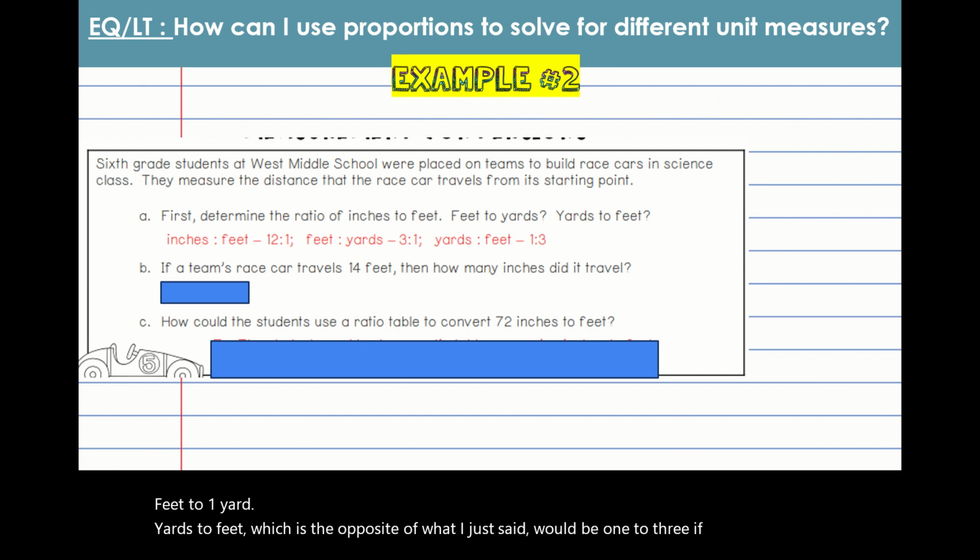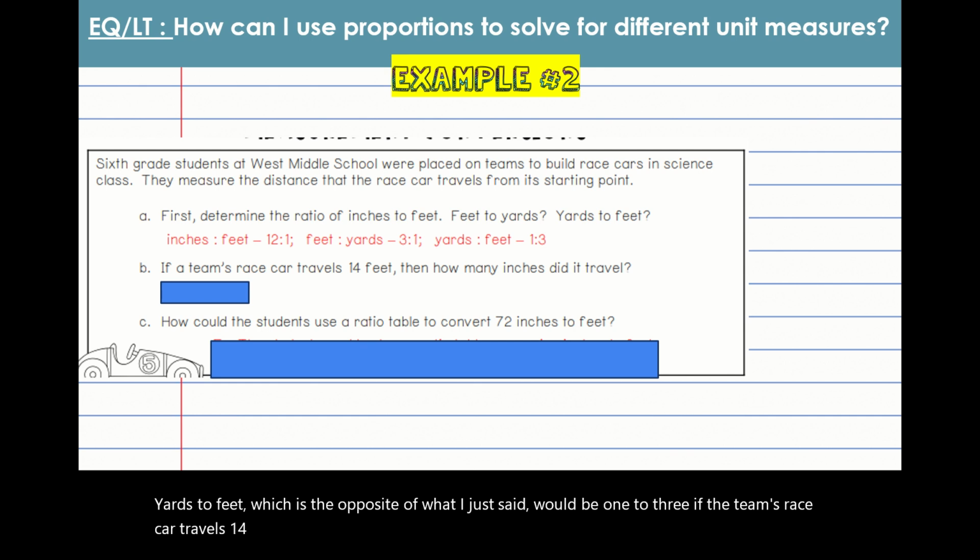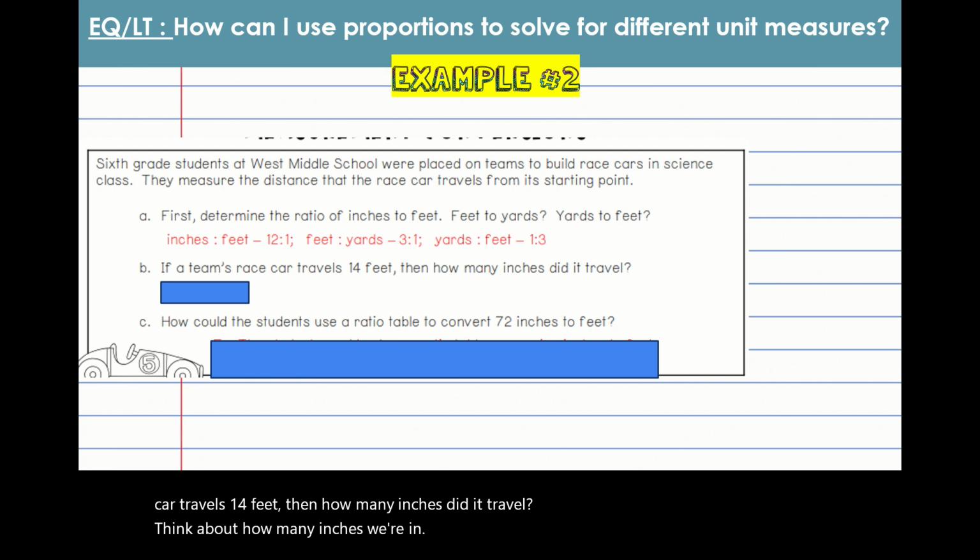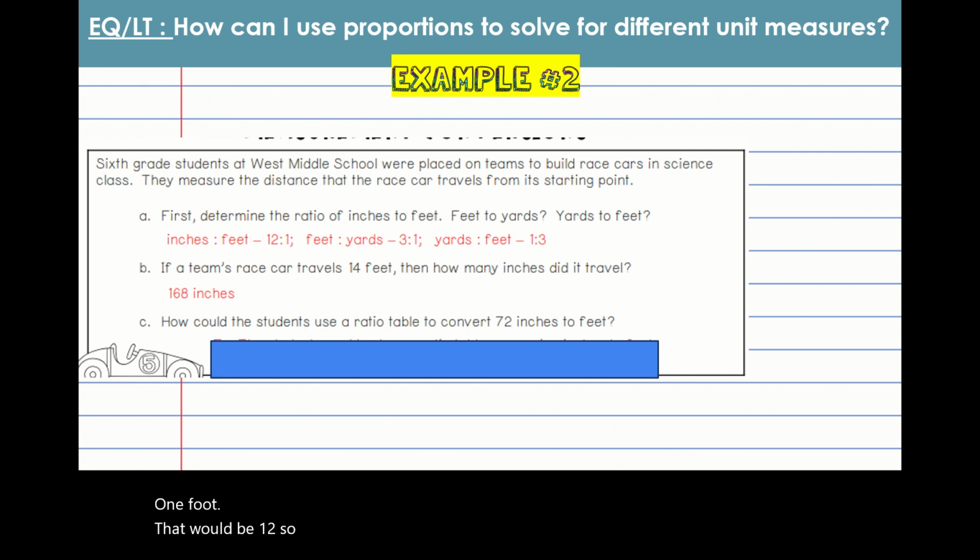If the team's race car travels 14 feet, then how many inches did it travel? Think about how many inches are in 1 foot. That would be 12. So how did we get 168?